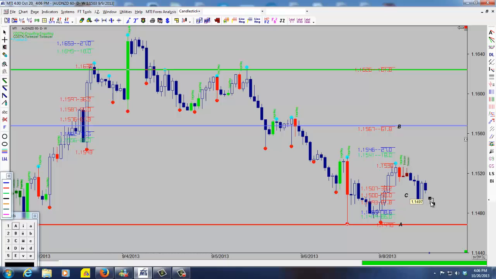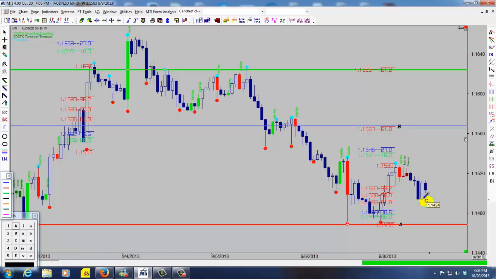Okay? So, this becomes your entry. That's your entry candle right there. Your stop's under A. Does it make feasible sense? Risk to reward?